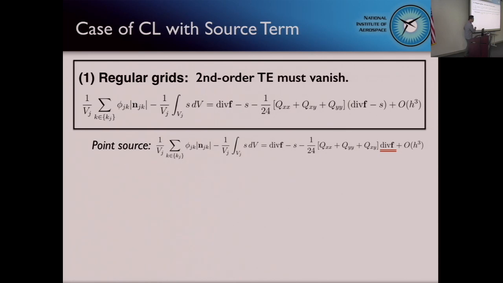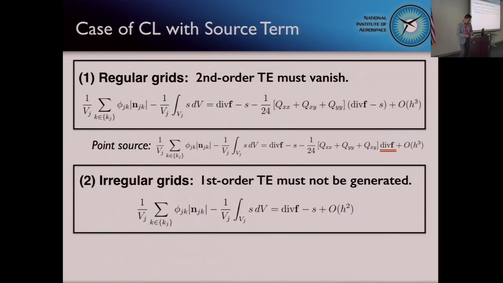If you use a point source, like I said, there are no truncation errors, and that's why this second order error remains like this. And now divergence f is not 0. Divergence f is equal to s. So this term remains, and you lose third order accuracy.